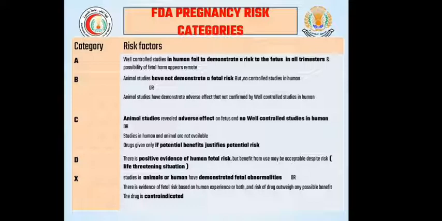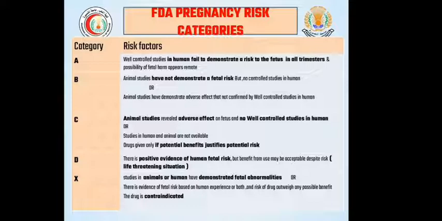So category B, either animal studies show no risk, but it is not proved by human studies, or it may show some adverse effects. So the drug under this category is relatively safe, like acetaminophen, as we will discuss later.